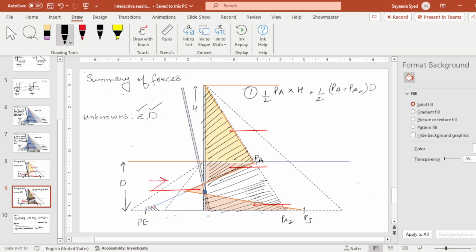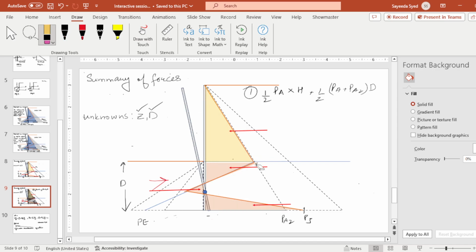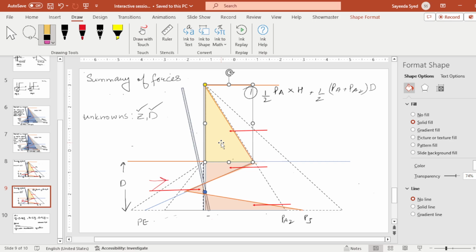Actually, let me do one thing. It will be better if I draw. So first we took this triangle.